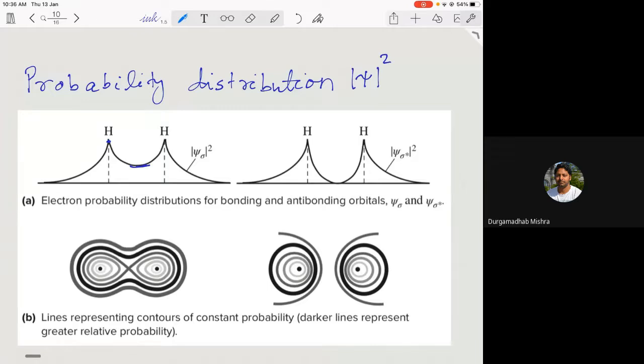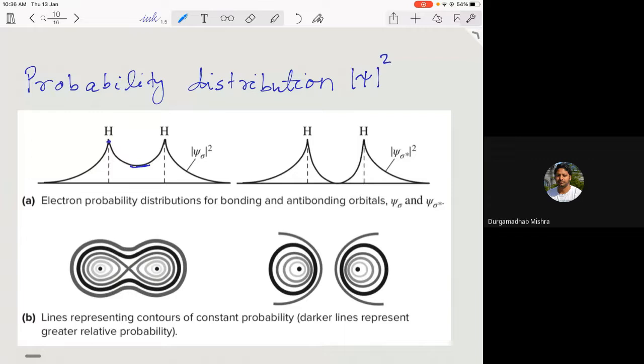That is basically the sharing of the electron that is happening, and that is the reason for the bonding of the hydrogen and hydrogen atom. So you have a probability of finding the electron in between the two nuclei, or two protons.